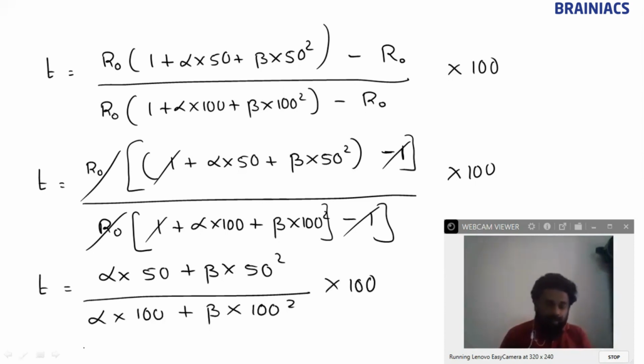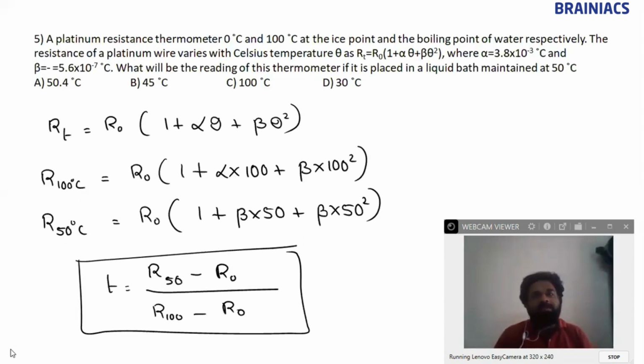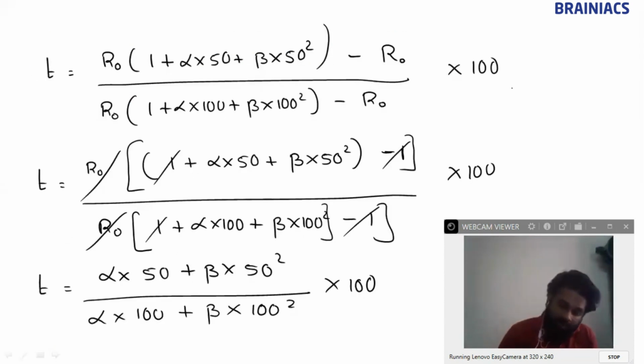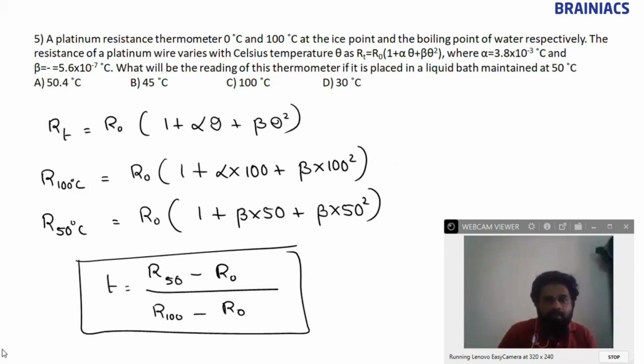Okay, now in this we will have to substitute the value of alpha. What is the value of alpha? What is given? Alpha is equal to 3.8 into 10 raised to minus 3, and beta is equal to 5.6 into 10 raised to minus 7.